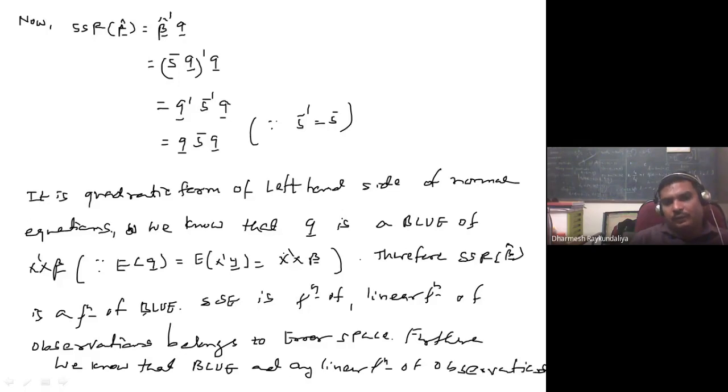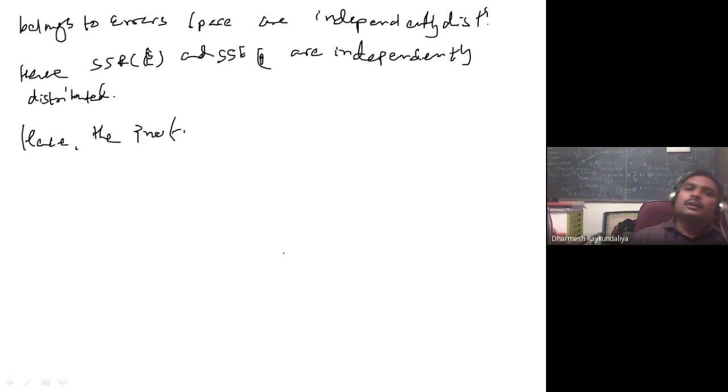We know that the BLUE and the linear functions of observations in the error space are orthogonal to each other, so they are independently distributed. Hence any function of a BLUE and any function of such linear functions of observations are also independently distributed, and hence SSR(β cap) and SSE are independently distributed.